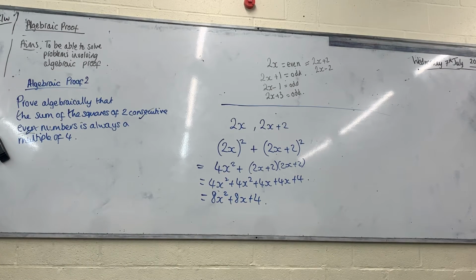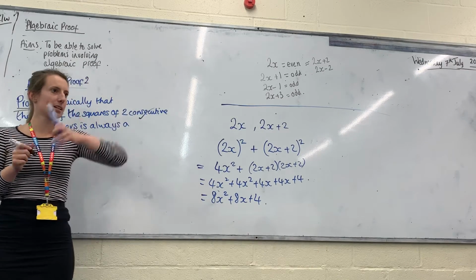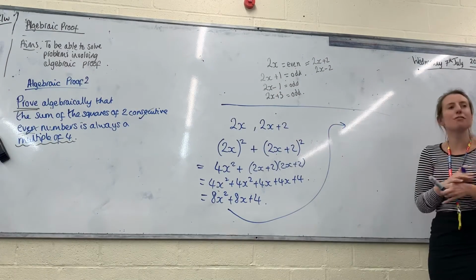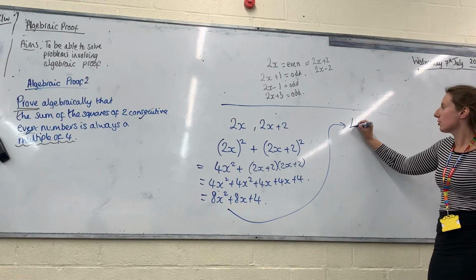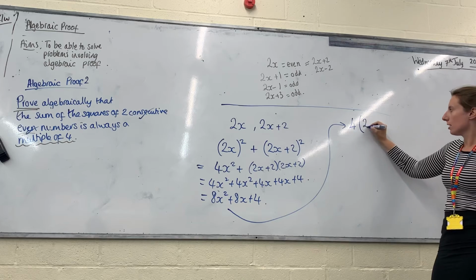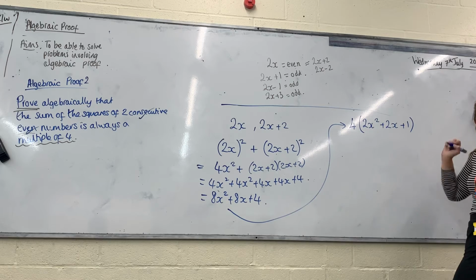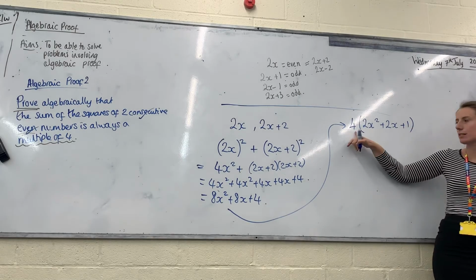Our question asks us to prove it's always a multiple of 4. How do I demonstrate that this is always a multiple of 4? We factorise it with a 4 on the outside. You're not factorising it fully, you're just taking out a factor of 4 to suit the question, to show it's a multiple of 4.